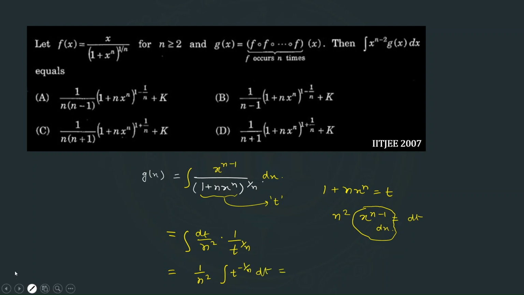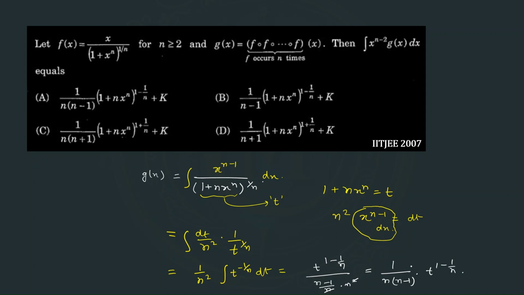So here you can see easily it will be t to the power (1 minus 1 by n) divided by (n minus 1) divided by n, into n square. So here this n gets cancelled and we will be left with 1 divided by n into (n minus 1) times this t to the power 1 minus 1 by n, where t is this.